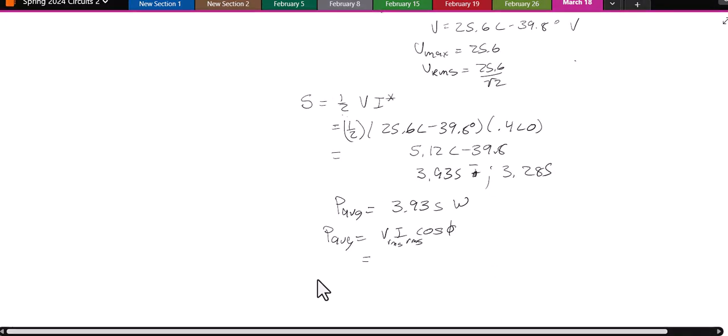So V RMS is going to be 25.6 divided by square root 2 times I RMS, 0.4 divided by square root 2, times the cosine of the difference of the angles between them, minus 39.8.